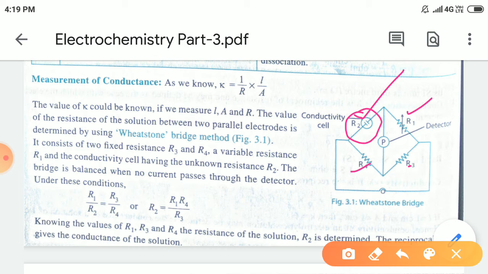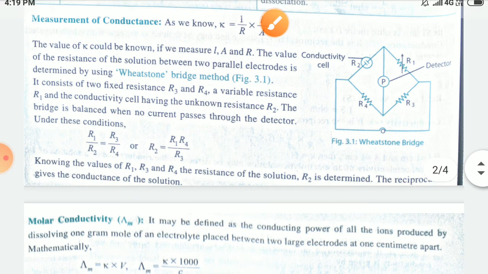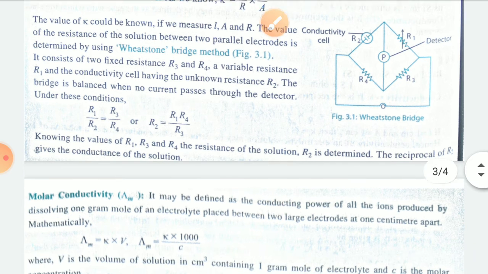If the bridge is balanced, then the multiplication of R1 and R4 is equal to the multiplication of R2 and R3. Therefore, unknown resistance R2 is equal to R1 into R4 upon R3. Knowing the values of R1, R3 and R4, the resistance of the solution R2 is determined. The reciprocal of R2 gives the conductance of the solution.